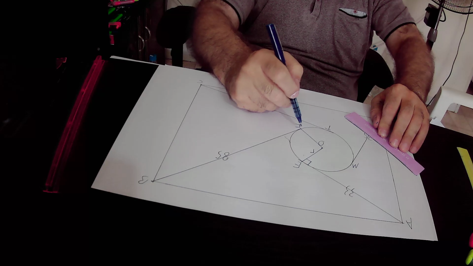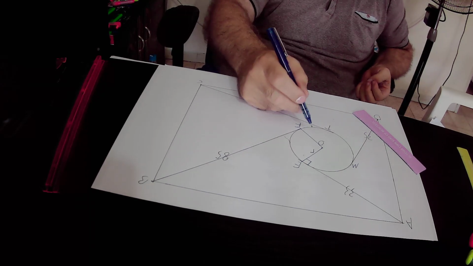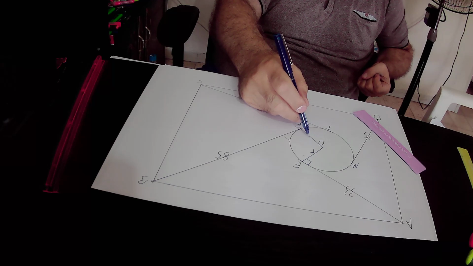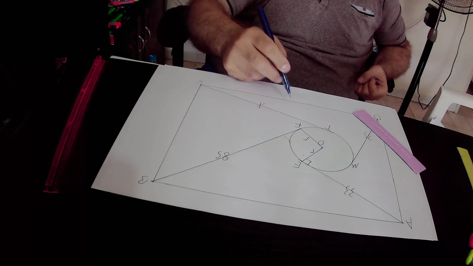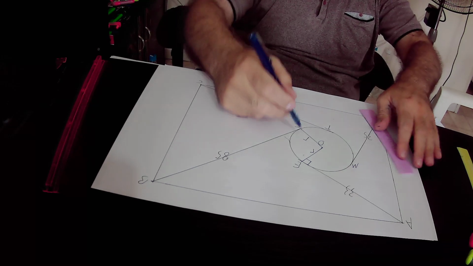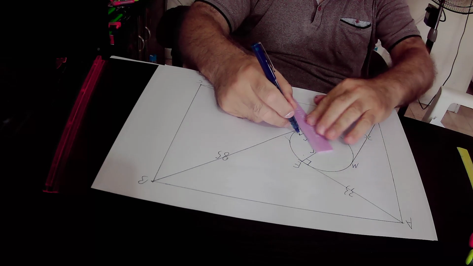Point O is the center of the circle, point F is the point of the circle itself. Therefore, OF is the radius of the circle that is equal to R. And again, we have the radius OF that is drawn to the point of tangency. Therefore, according to rule number 1, this angle equals 90 degrees.